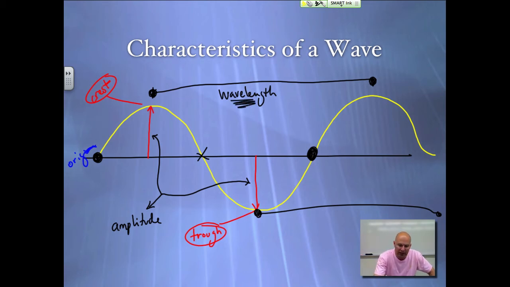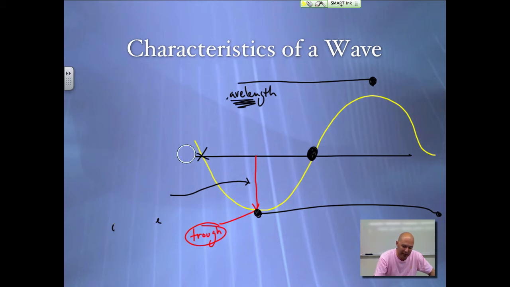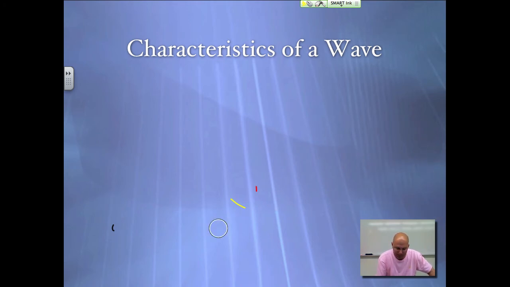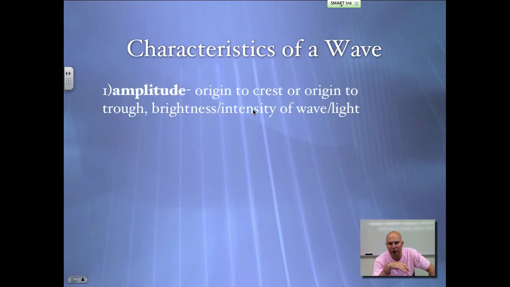All right, so let's take a little bit more of a look at this. And I'm just really going to define these words again here. Okay, so your amplitude, origin to crest or origin to trough, describes the brightness or intensity of the wave of light.